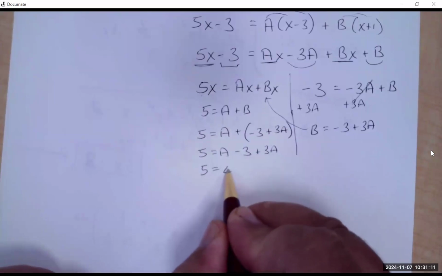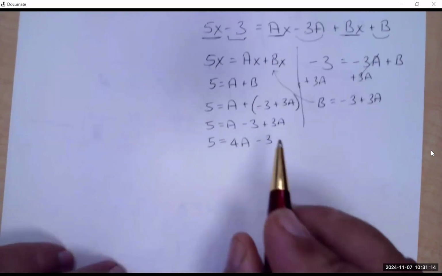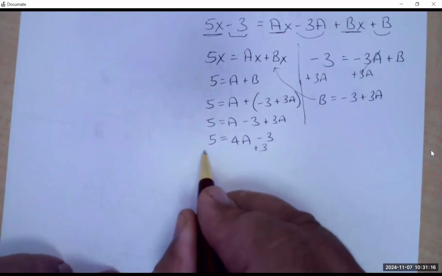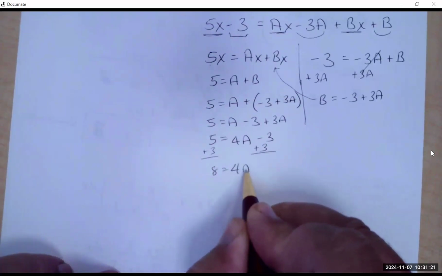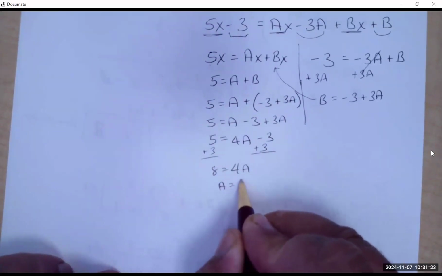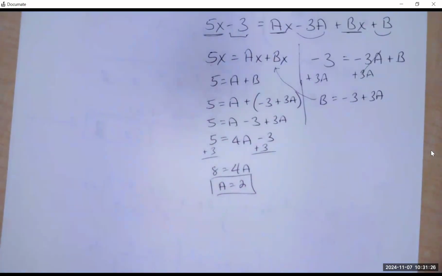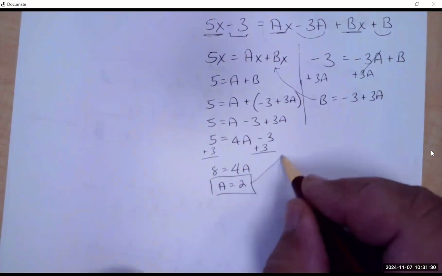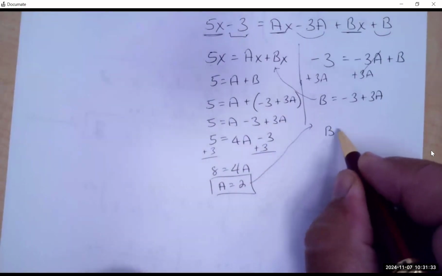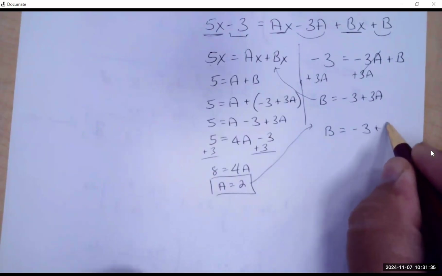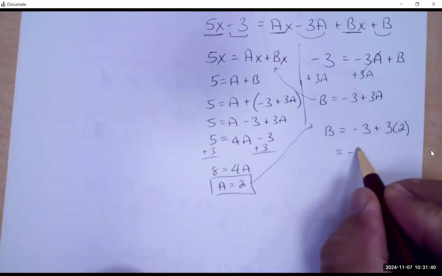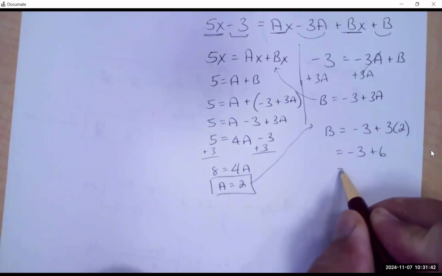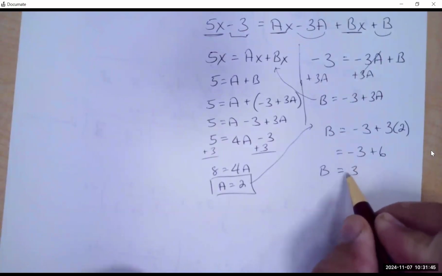5A plus 3A is 8A. Add 3. So A is equal to 2. Since A is equal to 2, I plug it in and solve for B. And B is equal to positive 3.